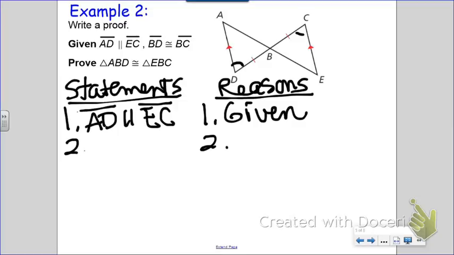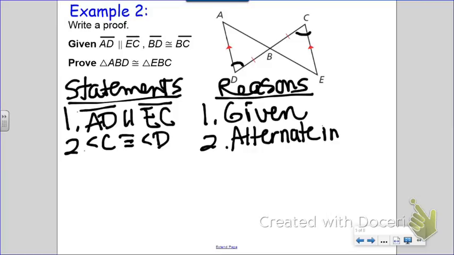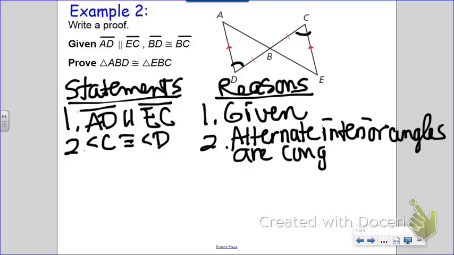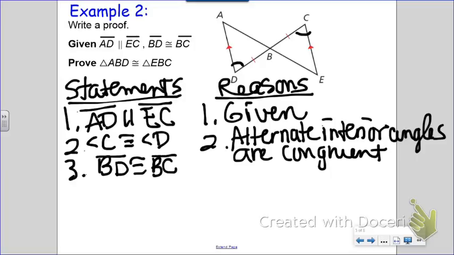I'm going to use angle C and D as my alternate interior angles congruent. BD is congruent to BC is given.